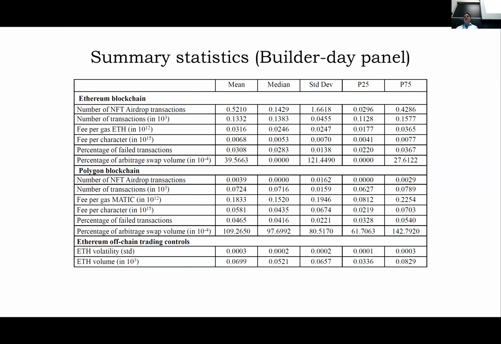You see that the statistics are larger for Ethereum than Polygon, because even though Polygon has a larger transaction speed than Ethereum, there are nevertheless more transactions per block included on Ethereum compared to Polygon. Larger number of airdrop transactions, larger number of transactions overall, a larger fee paid on Ethereum, right? Because Ethereum has a block time of 12 seconds, whereas Polygon is much faster.